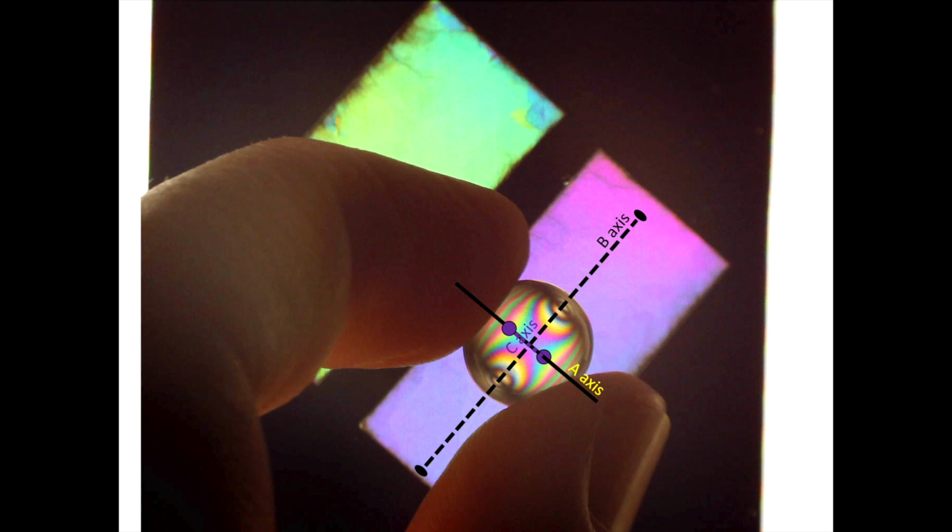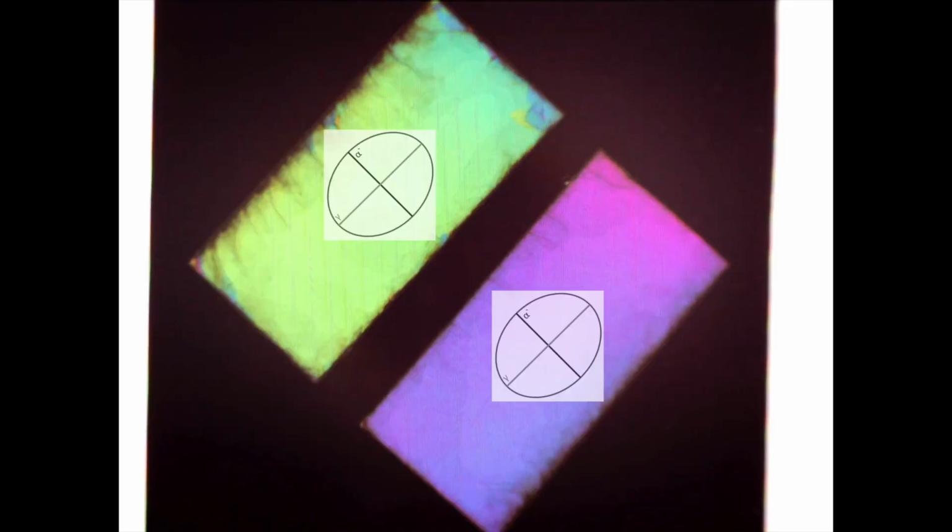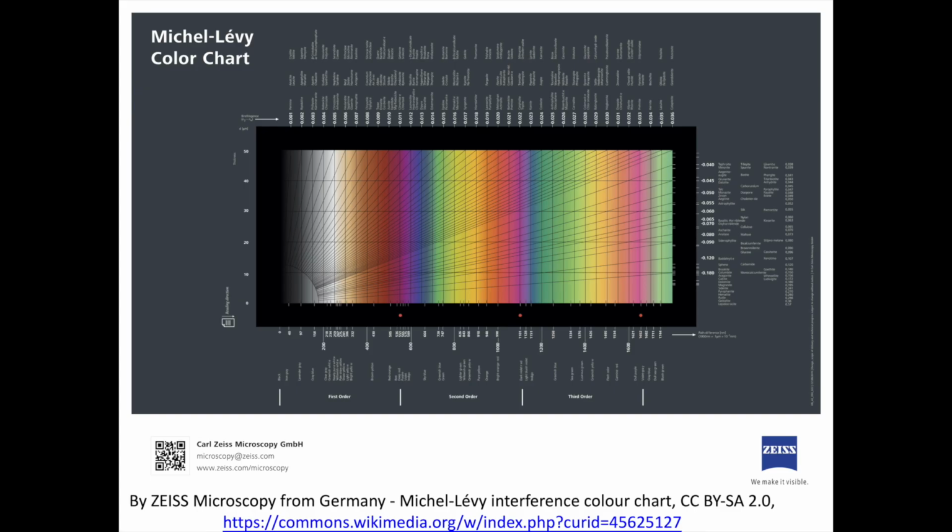Using that information, we know that both plates are oriented in the same fashion at this moment. And when investigating the optics of these plates, we're going to be looking at the gamma alpha prime plane of our optical indicatrix.